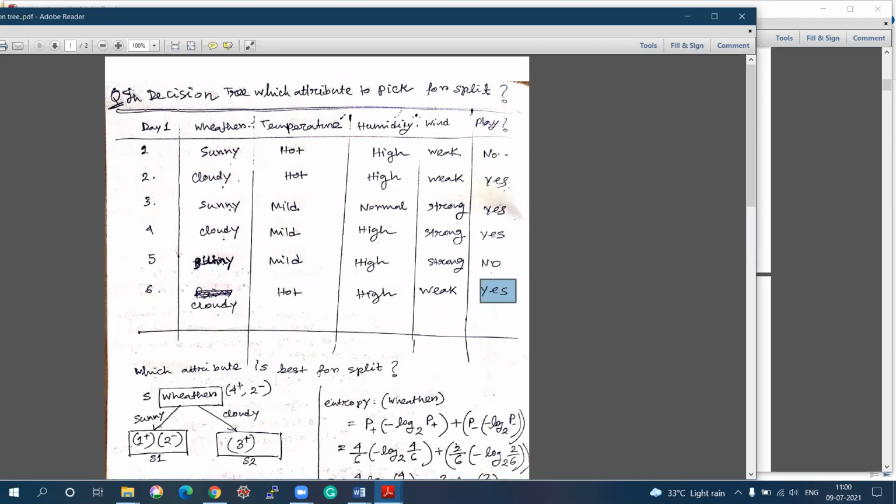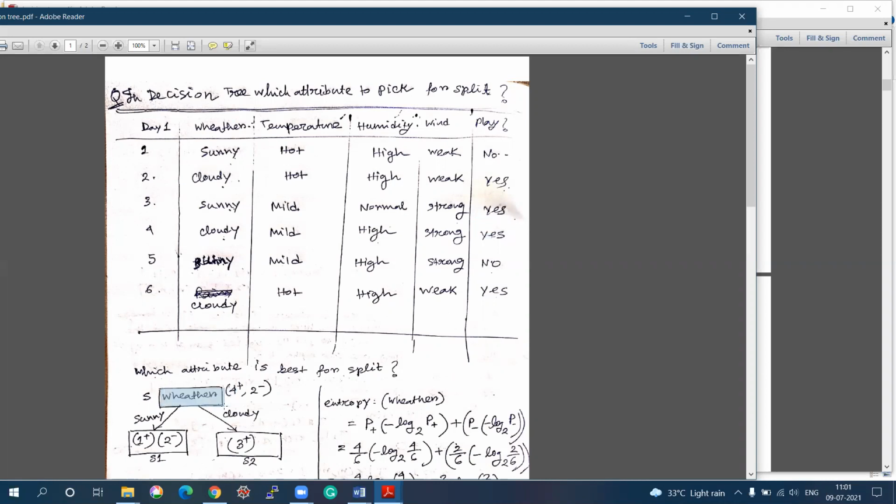We are getting 4 positive classes for attribute weather. And how many negative classes are we getting? We are getting 2 negative classes.